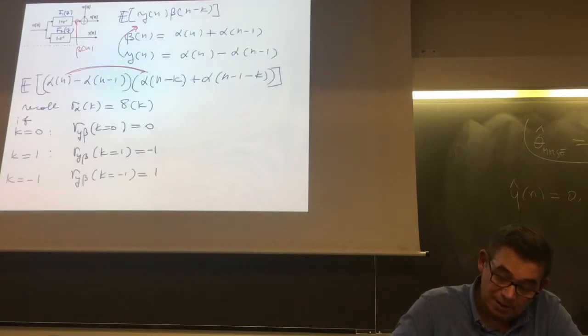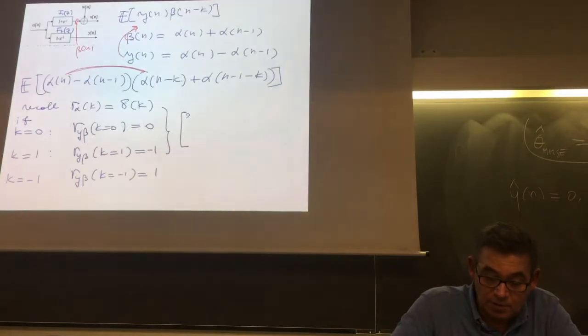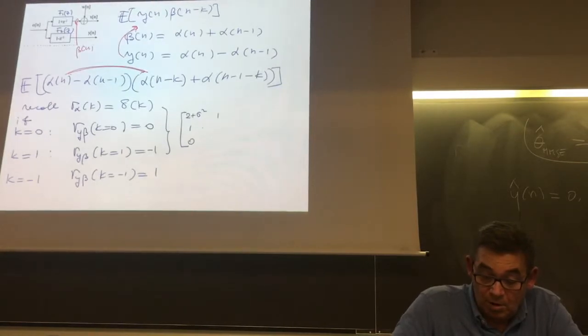So let's see. The matrix is 2 plus sigma square, 1, 1, 0; 2 plus sigma square, 1, 2 plus sigma square, 1, 0.